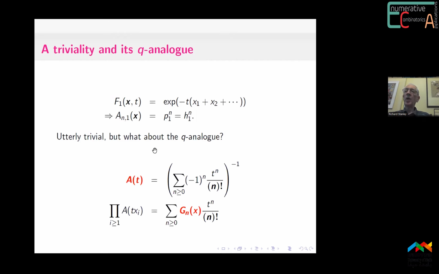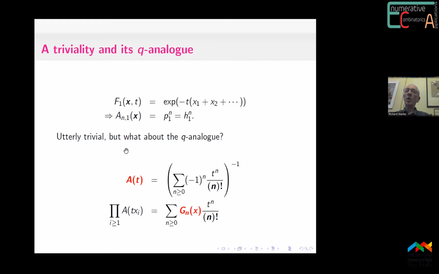We'll let A(t) now be the sum of (-1)^n t^n over the q-analog of n factorial, inverse. And we're looking at the product over i greater than or equal to 1 of A(t x_i), and call the coefficient of t^n over the q-analog of n factorial g_n(x).